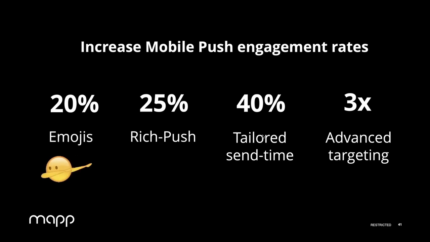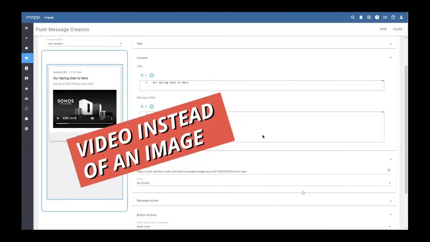Perhaps rich push won't give you as much of an uplift as advanced targeting or tailored send time. However, the best practice is to do all those things in combination to get the best results. And right now with Mapp, you can do all of those things: advanced targeting, tailored send time, rich push, and emojis. Z, do you want to tell us more about it?